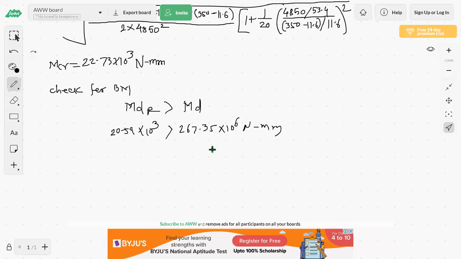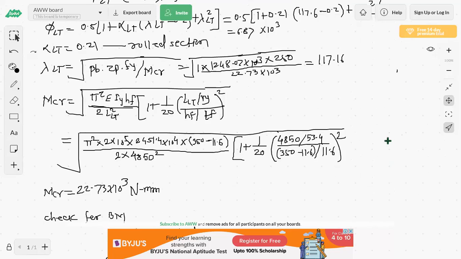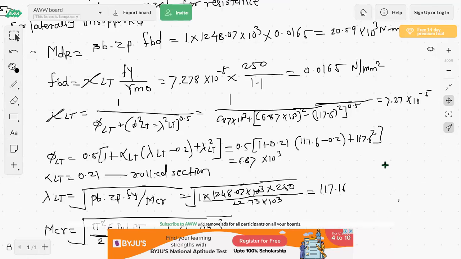FBD value is correct. Please verify zeta LT value. Zeta LT is correct, 7.27.